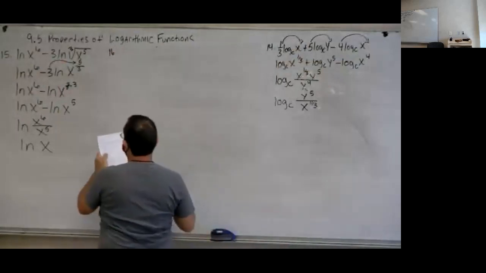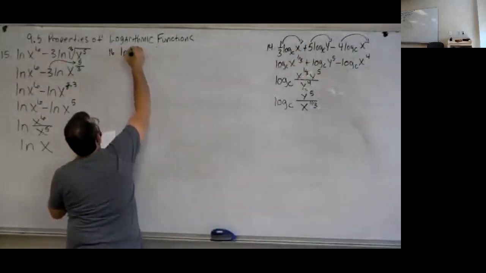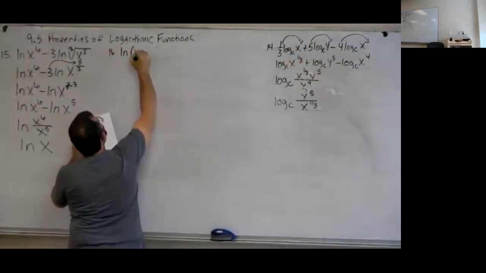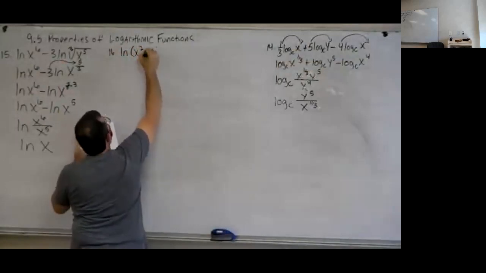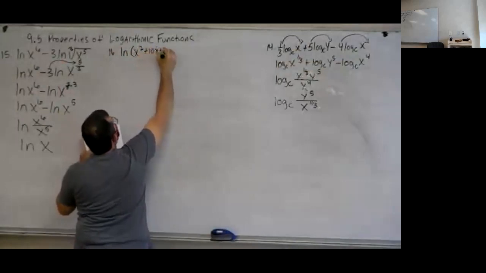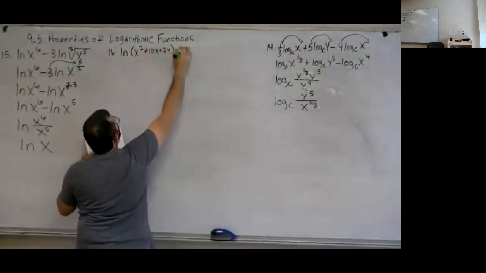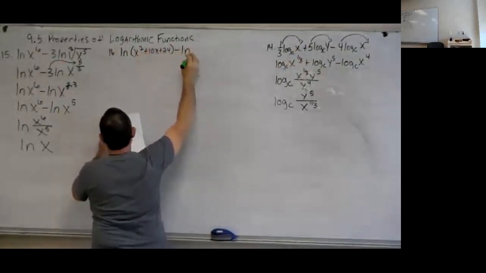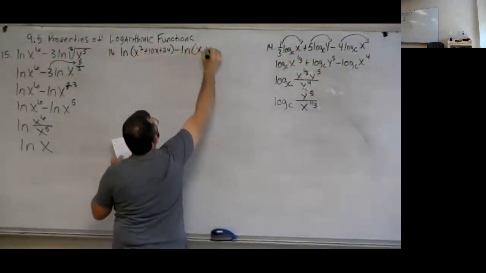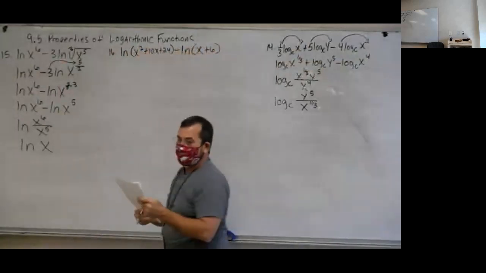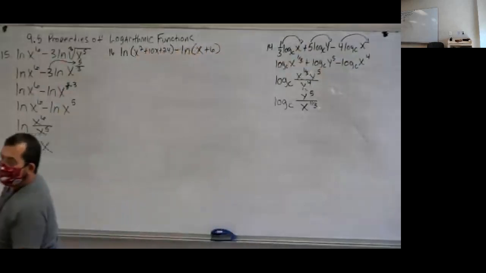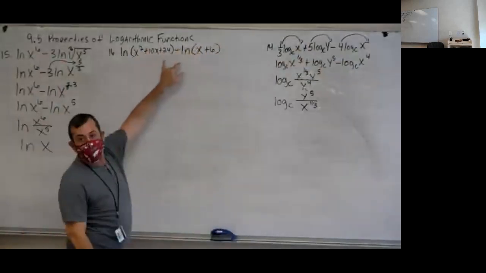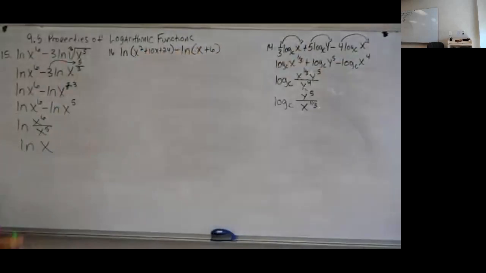All right, y'all, I love these ones right here, but we'll see how y'all like them. ln of x squared plus 10x plus 24 minus the ln x plus 6. So they're using parentheses on these because they got more than one term following the ln's. But since these are being subtracted, I'm going to write them as a fraction.